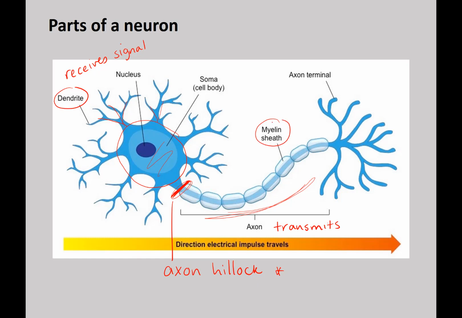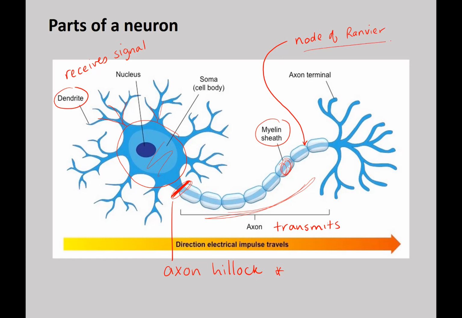You also see something called a myelin sheath, and these are actually cells that are wrapped around the axon, and we'll look at these in more detail in a minute. The space between each myelin sheath cell is the node of Ranvier.